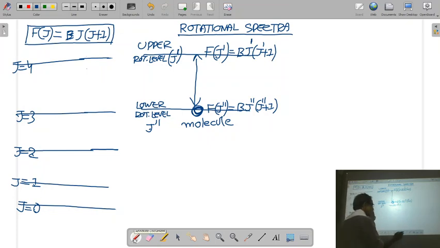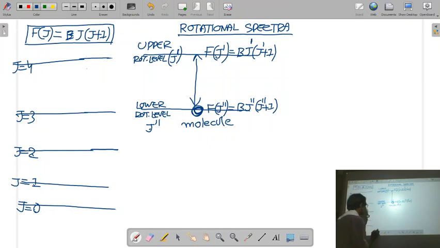In the lower level J double dash, the rotational wave number is B J double dash (J double dash plus 1). In the upper level J dash, it will be B J dash (J dash plus 1). And when the molecule makes a transition between the lower level J double dash and the upper level J dash, it will give emission spectra or absorption spectra.